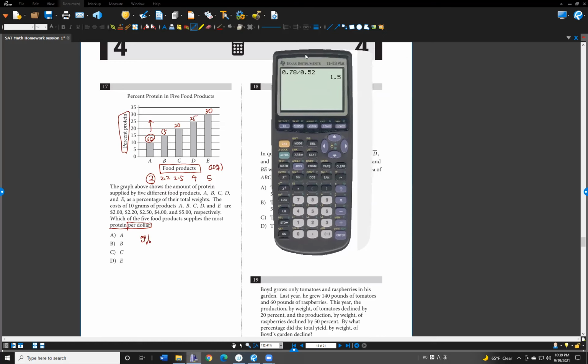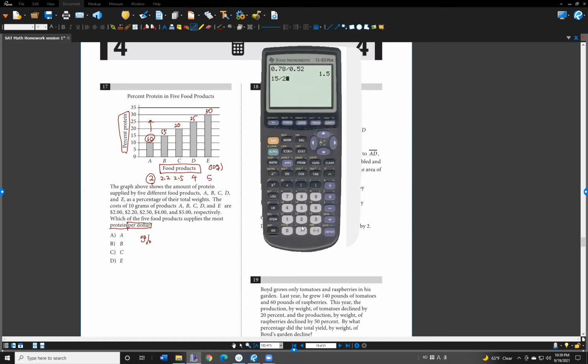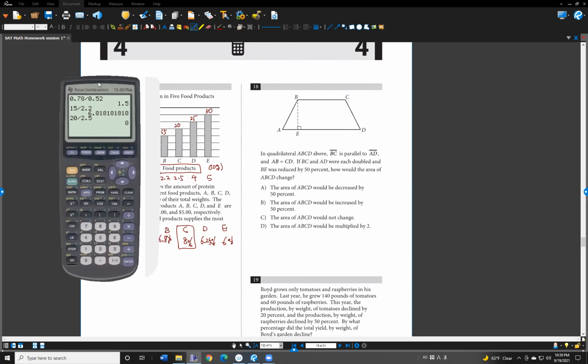This one, what can we use, 15 divided by 2.2 equals how much? 6.8%. This is A, this is B, this is C, 20 divided by 2.5, right? D is what, 25 divided by 4 is 6.25. E is what is that? 30 divided by 5 is just 6%. C is the highest point. This one is 8%. Choice C is the answer, okay?